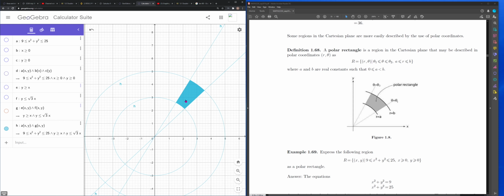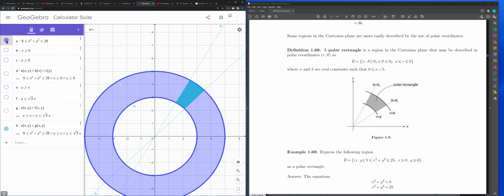Now, this sort of polar rectangle, I drew an example of this, but for different values of theta 1 and theta 2 and a and b, you'll get different types of shapes like this. They would all have this sort of general form as a polar rectangle. So for example, if I use the inside radius here, instead of it being 3, here this x squared plus y squared is equal to 9, so that's actually radius squared.